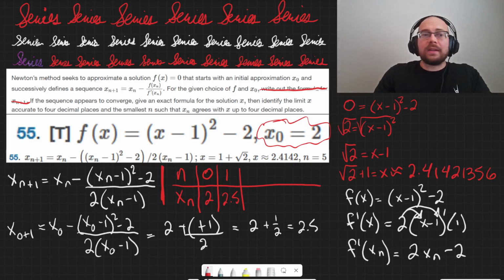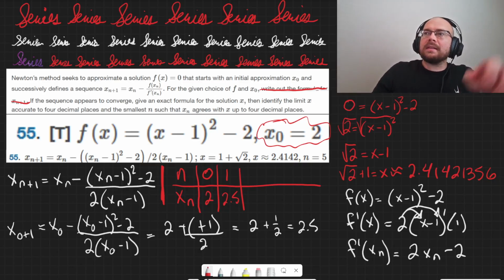Okay, so we already found out that f of 1 was 2.5, and we would have to plug in a very specific x value. The x sub n would have to be, we would be plugging in 2.5. So we want f of 2.5 because we'd be plugging in 2.5 to get the next one.